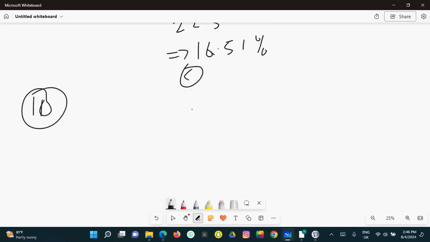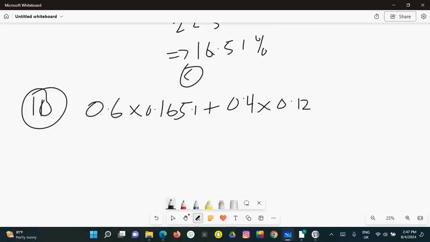So its WACC is now going to be using the formula that we already know. I don't have to repeat it again. So the proportion of equity times its cost, 0.1651, plus the proportion of debt, which is 0.4, times 0.12 into bracket 1 minus 0.4.